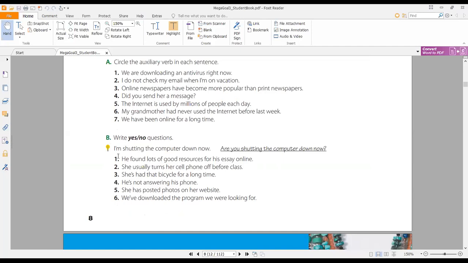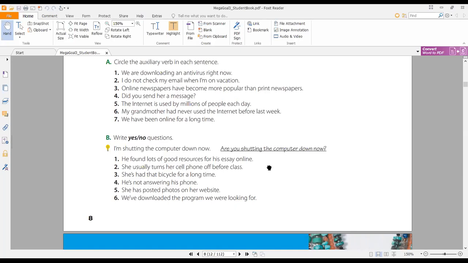Number 1, your task is to write yes and no questions here. We are also going to practice forming short answers, yes and no. Open your books, page 8, and read these 6 statements. Change them into yes and no questions, and try to give me a correct short answer using yes and no. Take your time.